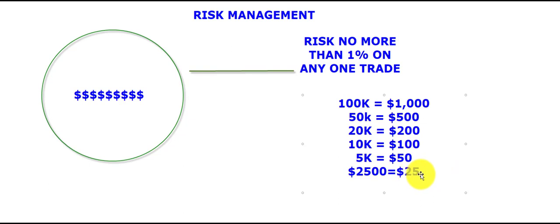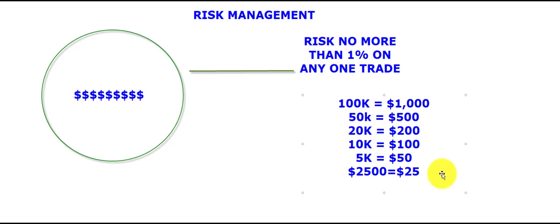It really won't take you that many trades to get your account from 2,500 to 5,000, and then from 5 to 10 and so forth. That's how you build an account over time. And it doesn't take that long. I'm not going to do the math now on a spreadsheet, but you can do the math yourself.